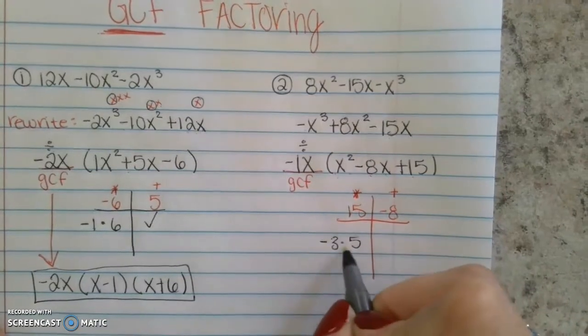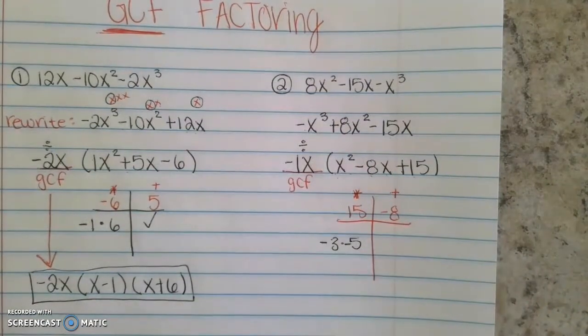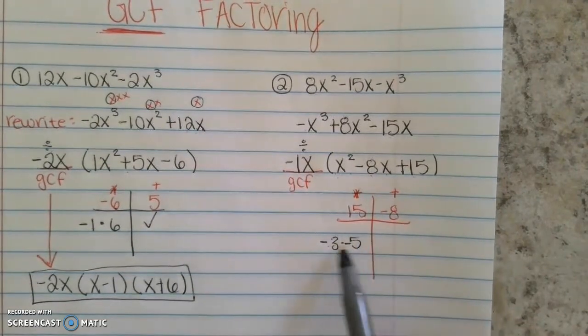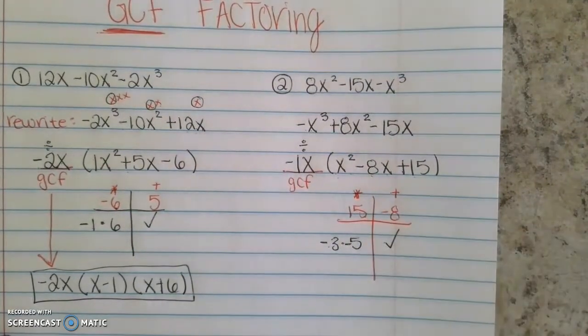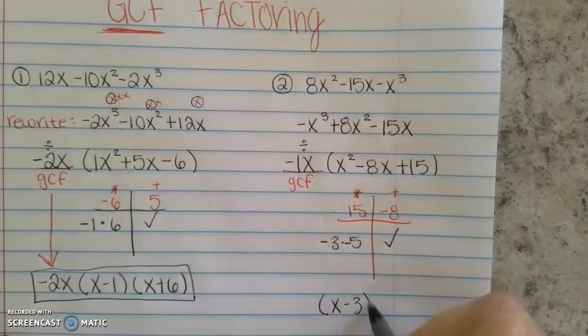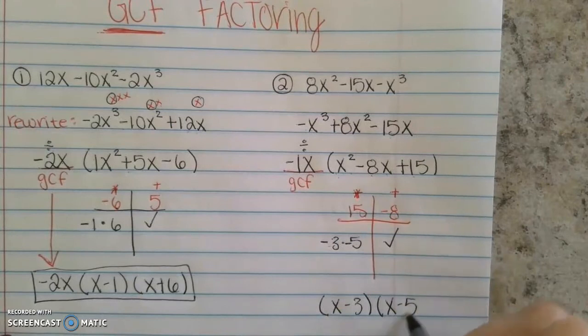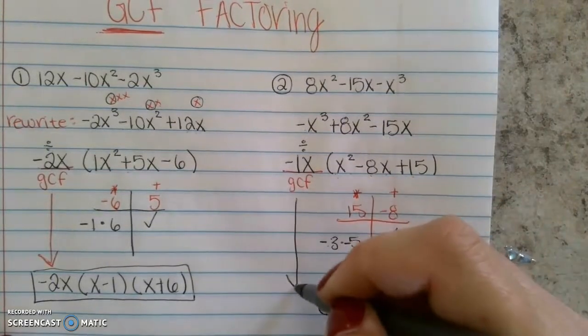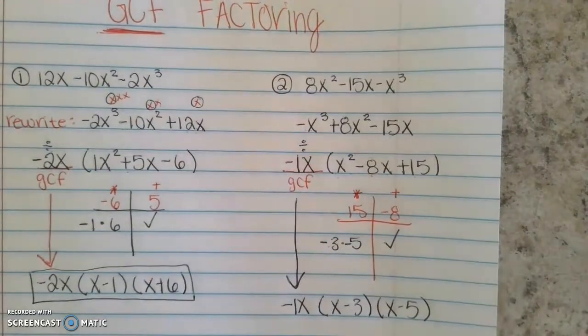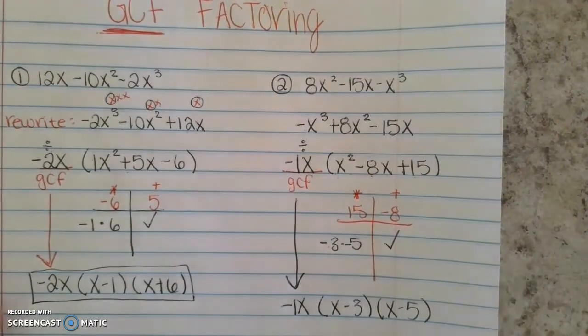But let's see here, if I make both of these negative, a negative times a negative is a positive, and then when I add these together, that actually does get me -8. So my factors would be x minus 3, x minus 5, and bring your GCF with it, -1x out front, or just -x.